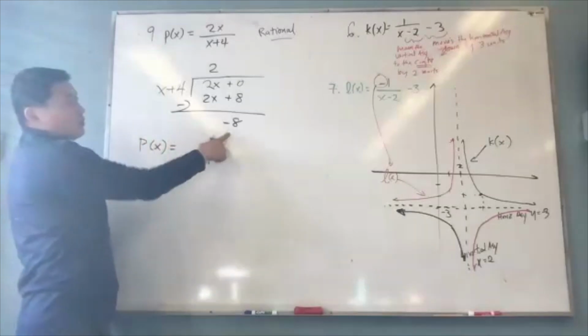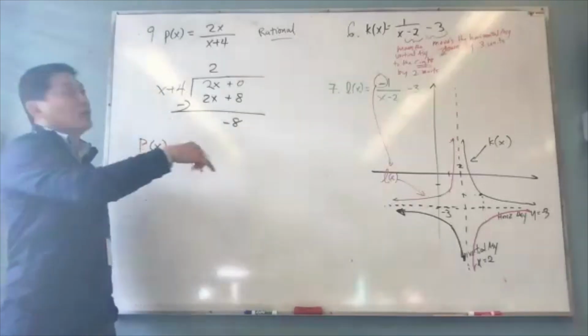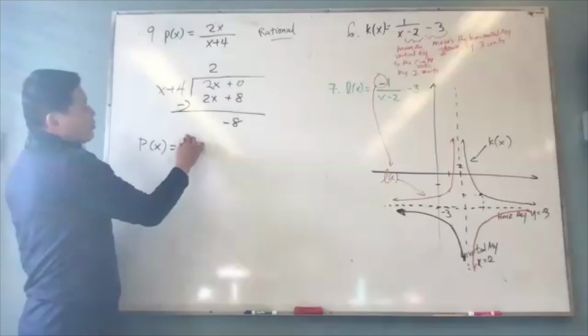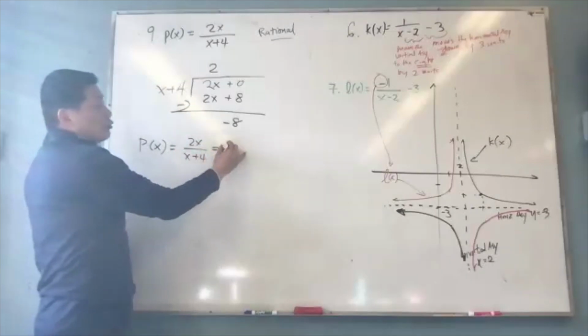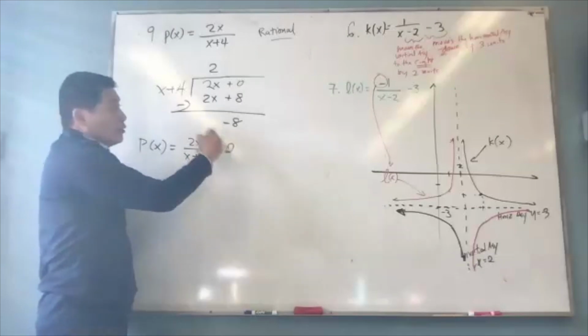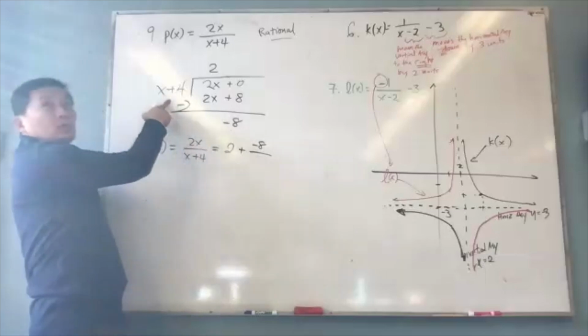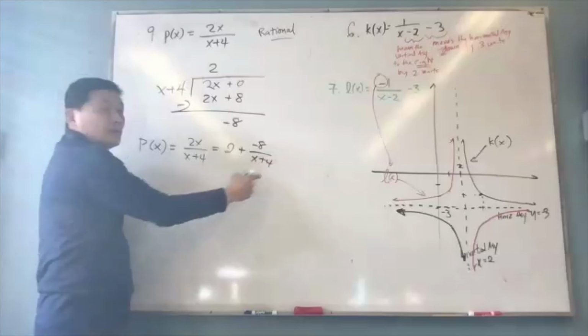Negative 8 is a remainder, right? But how that associates with the value 2 is that I can say 2x over x plus 4 is equal to 2 plus the remainder over what you divided with. Is that true?